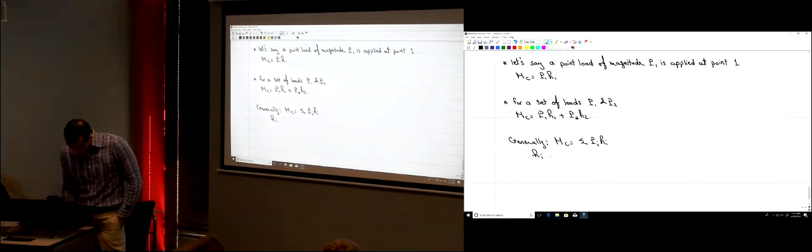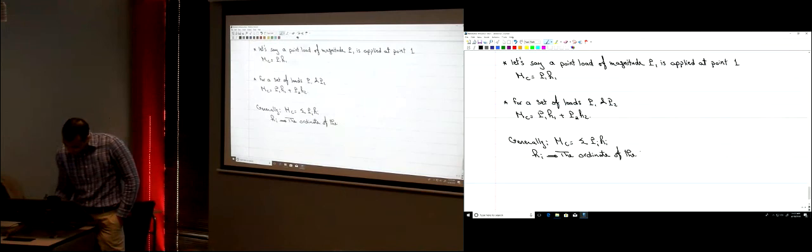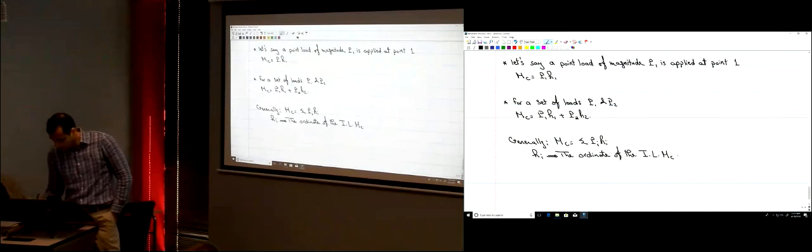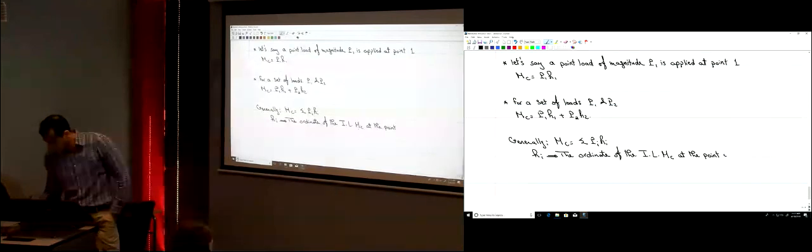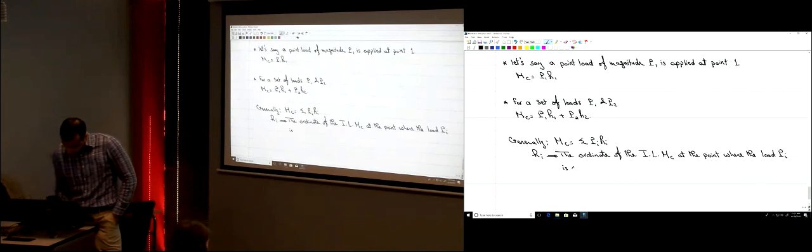Hi is the ordinate of the influence line of MC at the point where the load Pi is applied.